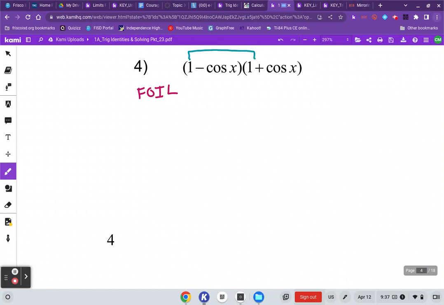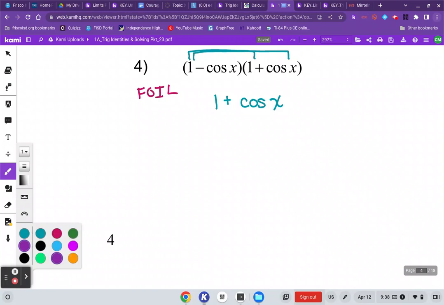Multiply your first terms. So 1 times 1. And then your outer terms, 1 times cosine. And then inner terms, make sure to take the sign with it. So negative cosine times 1. Negative cosine times 1 would be negative cosine.